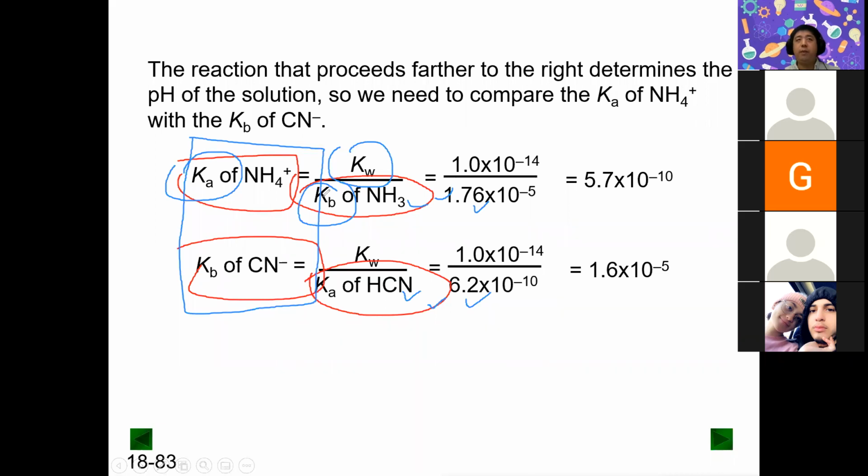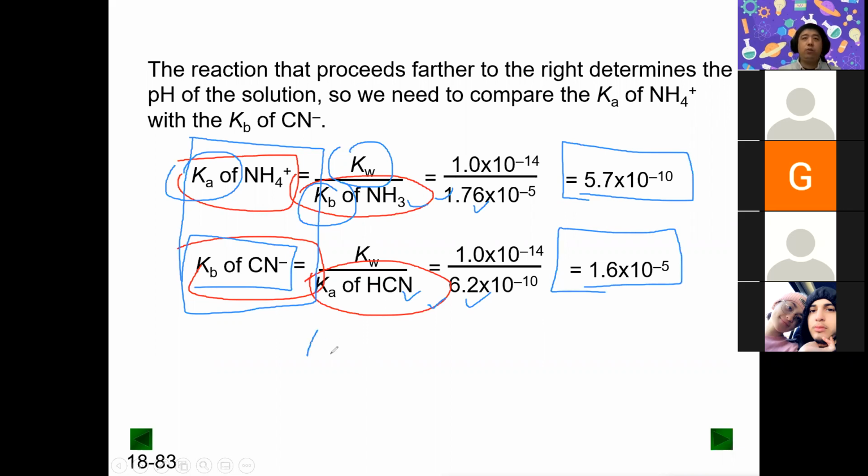So Kw divided by Kb will give me Ka. And then the opposite is true. The Kb value here gives me that one right there. So remember our scenario, as the strength of the acid increases, the strength of the conjugate base goes down. If I decrease the strength of the acid, the strength of my conjugate base goes up. This applies in this scenario as well.